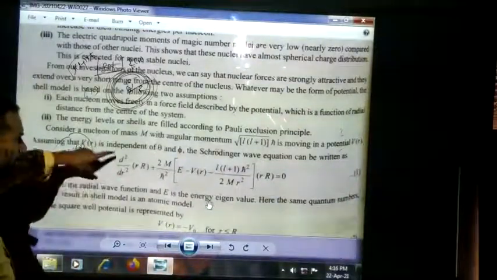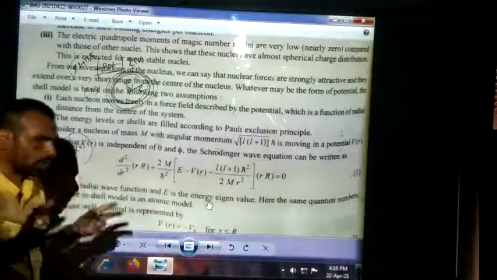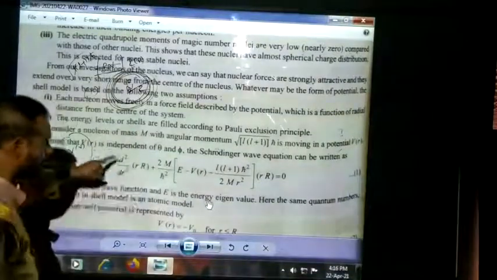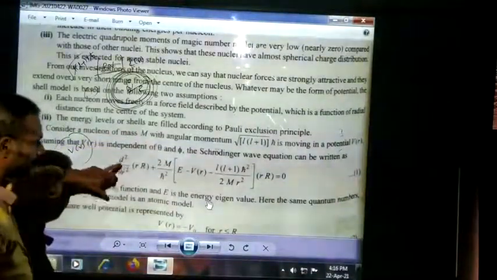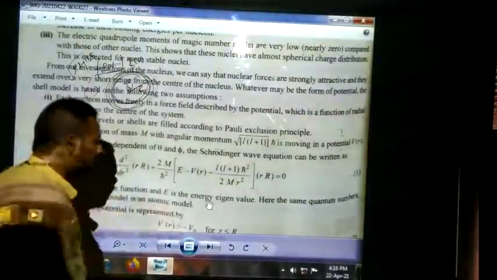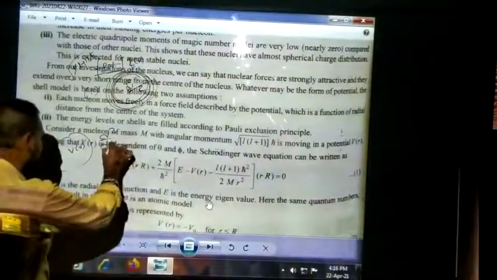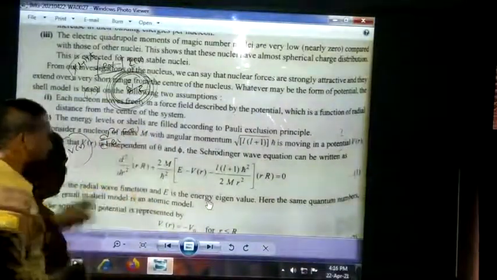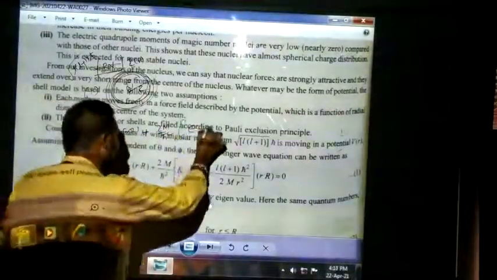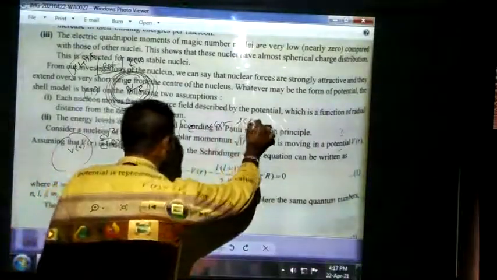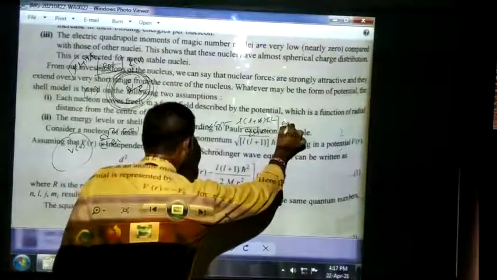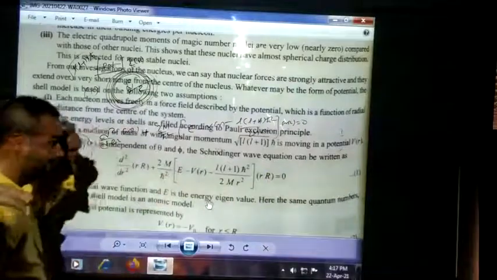When nucleons, protons or neutrons, move in this force field and we apply the Schrodinger wave equation, it becomes d square by dr square of R plus 2m by h cut square into E minus V of r, minus L into L plus 1 h cut square by 2m r square, of R is equal to 0. This is the Schrodinger equation. It is in terms of d square by dr square because it depends upon the radius.